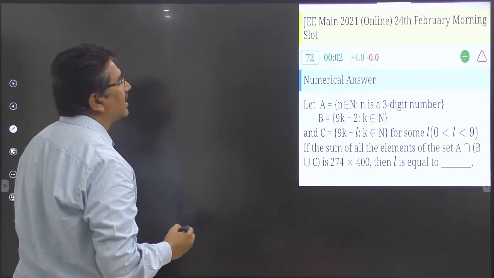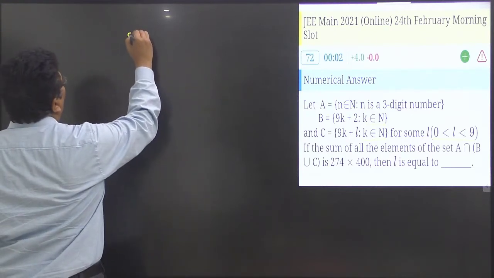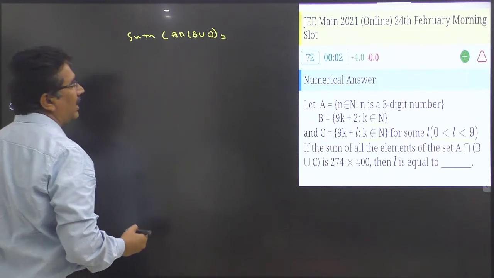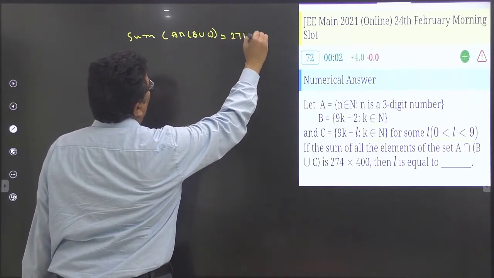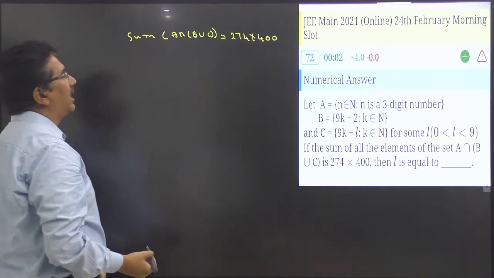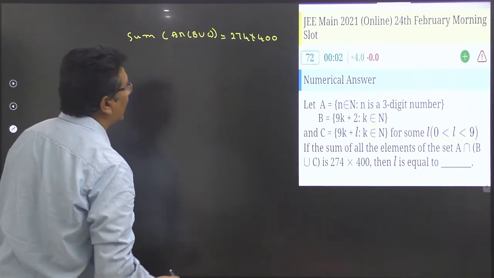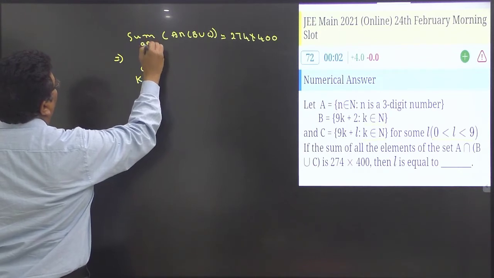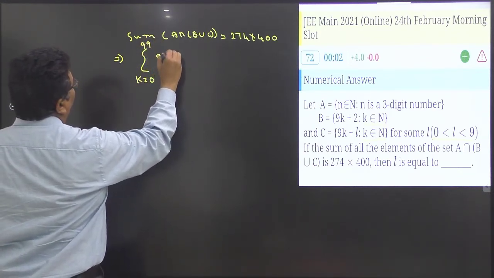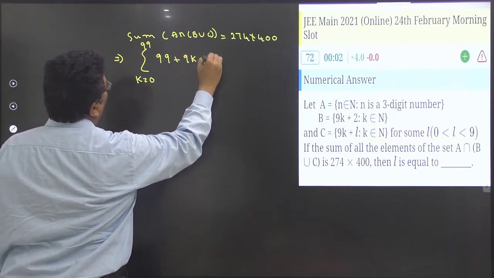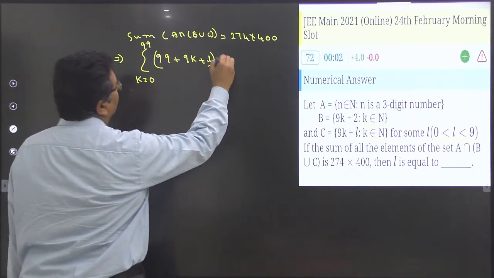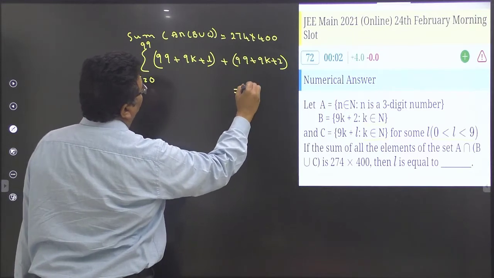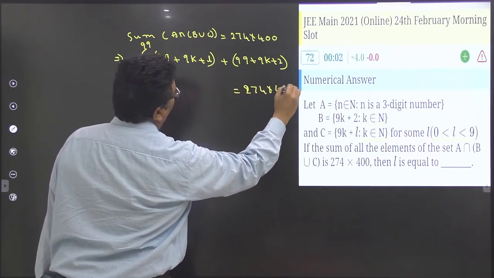The elements are of the form sigma k equal to 0 to 99 of 99 plus 9k plus L, plus 99 plus 9k plus 2, that is equal to 274 into 400.